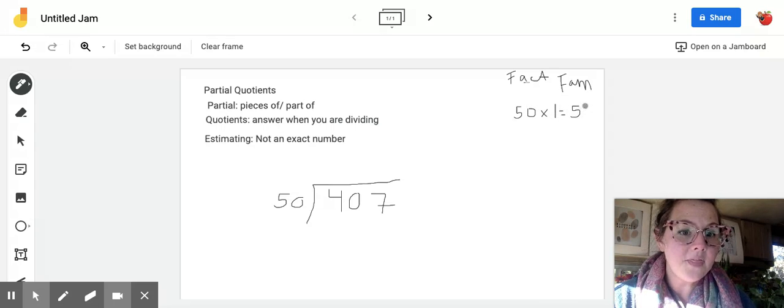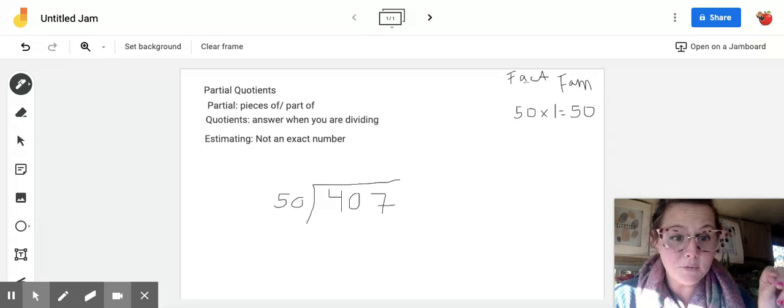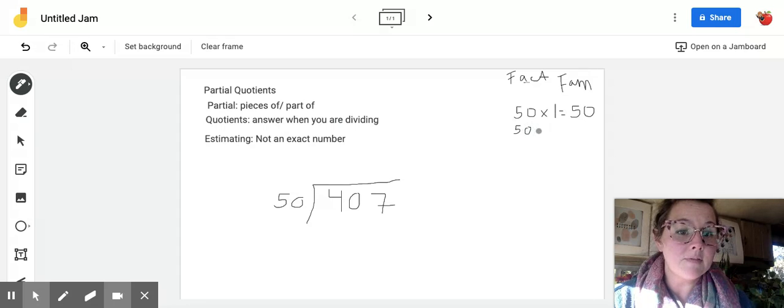We know the multiples of 5: 5, 10, 15, 20, 25, 30, 35, 40, 45, 50. We can do the same with our 50. So 50 times 2 is 100, right? 50 times 3 is what? 150. Good.